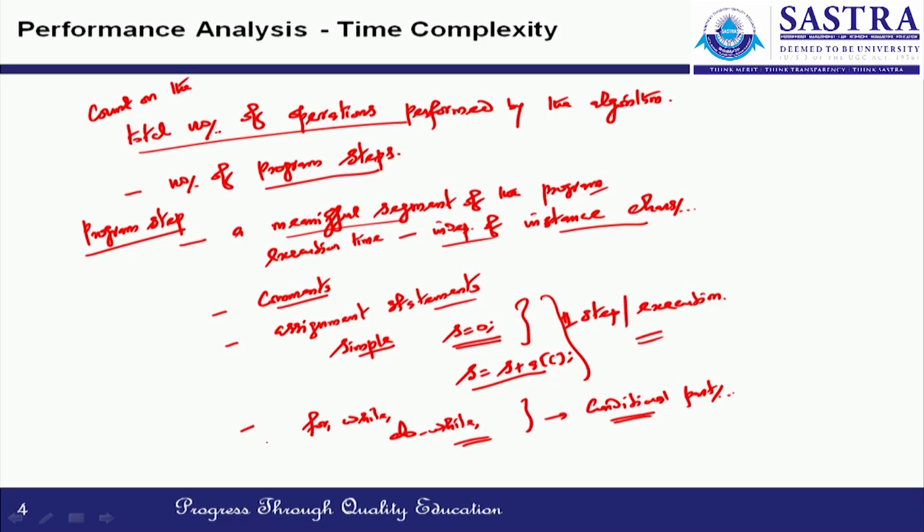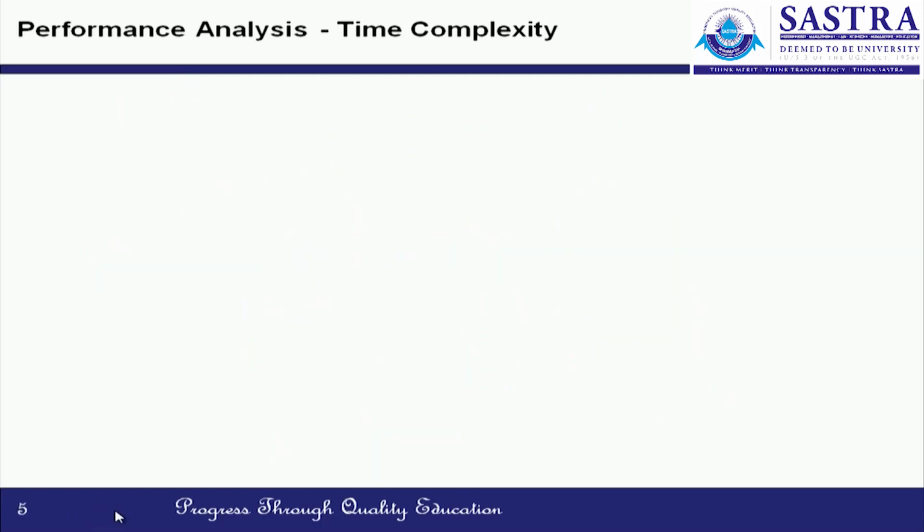So, including the count for each program step, we need to find the total number of operations or total number of execution steps performed by the algorithm. For that we have two methods.